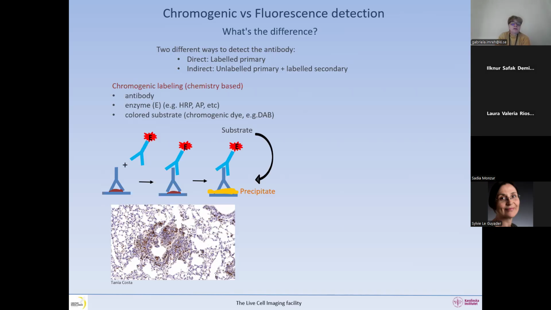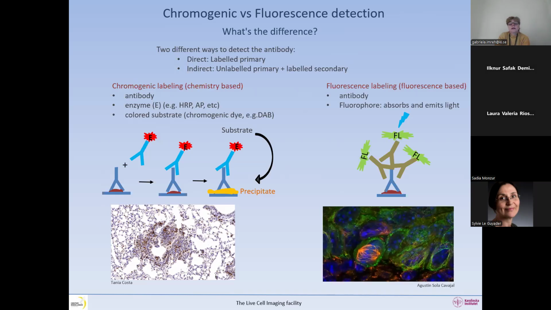After we incubate the enzyme-labeled antibody with our sample, we add a colored substrate, which is called the chromogenic dye, for example DAB, which is one of the most used. At the site where the substrate encounters the enzyme, a precipitate will form. Below you can see a very beautiful image of a chromogenic staining.